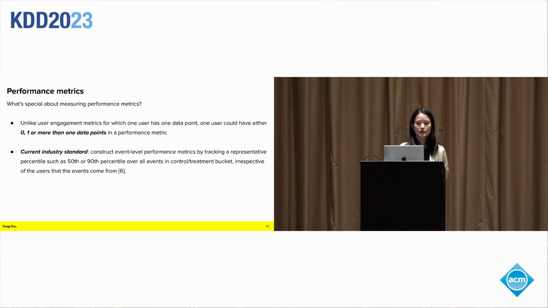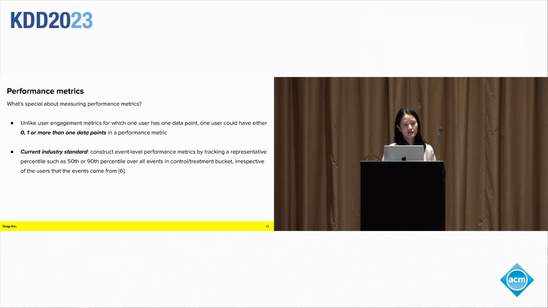For example, if user A opens Snapchat 10 times during the experiment, then user A has 10 data points, or events, of the app open latency metric. On the other hand, if user B does not open Snapchat at all during the experiment, then user B has 0 data points of app open latency.